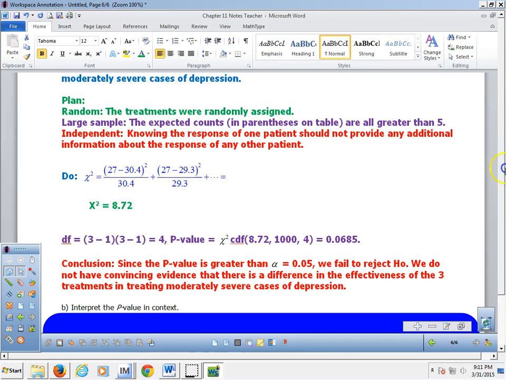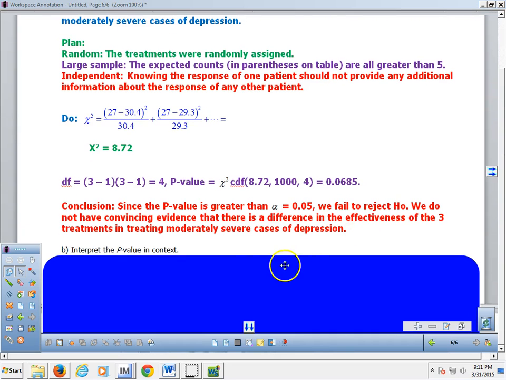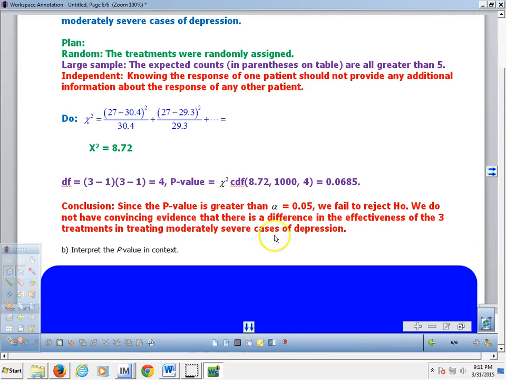And last but not least, it asks us to interpret the p-value in context. The p-value is 0.0685. Remember that the general way to interpret a p-value is, assuming that the null is true, this is the probability that a sample would give you a result as big or bigger than this one did.